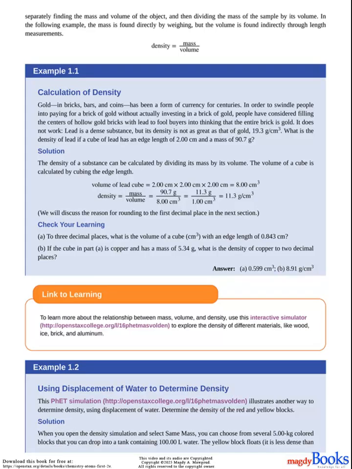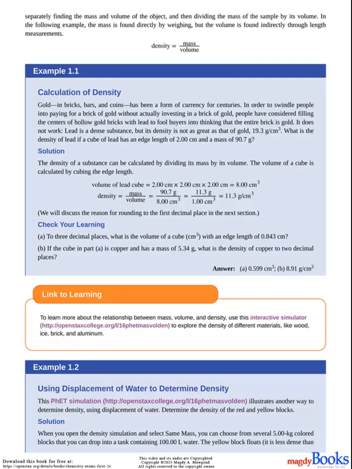Solution. The density of a substance can be calculated by dividing its mass by its volume. The volume of a cube is calculated by cubing the edge length. Volume of lead cube equals 2.00 centimeter multiplied by 2.00 centimeter multiplied by 2.00 centimeter equals 8 centimeter cubed.